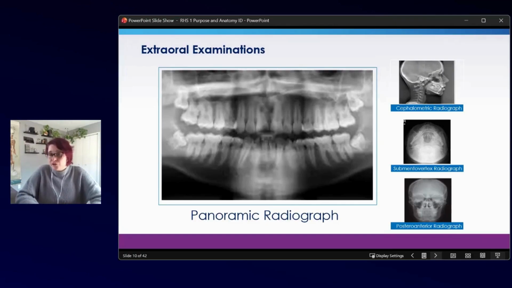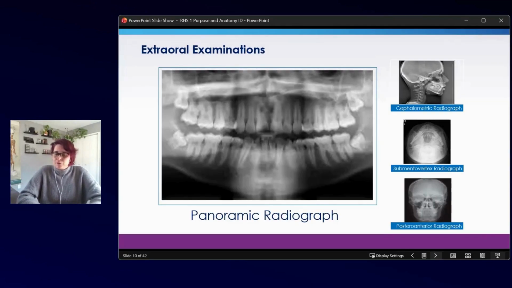You can see the soft tissue in there, the patient's nose, their lips, and this can be used for orthodontic treatment planning. We also have a submentovertex radiograph. This radiograph is actually exposed from underneath the chin. So you can see in that middle smaller picture the mandible, the shape of the mandible, and the bottom of the skull.